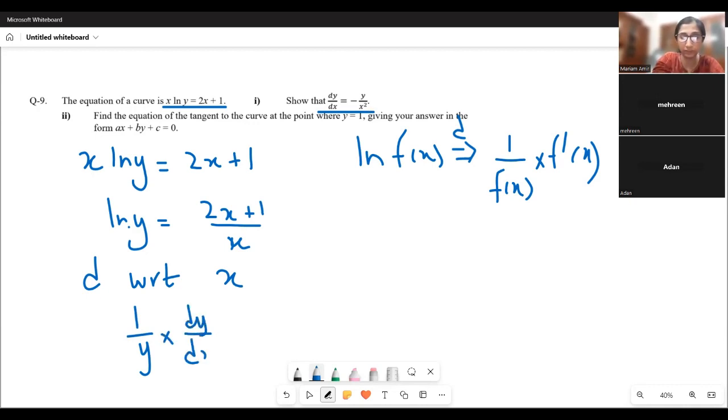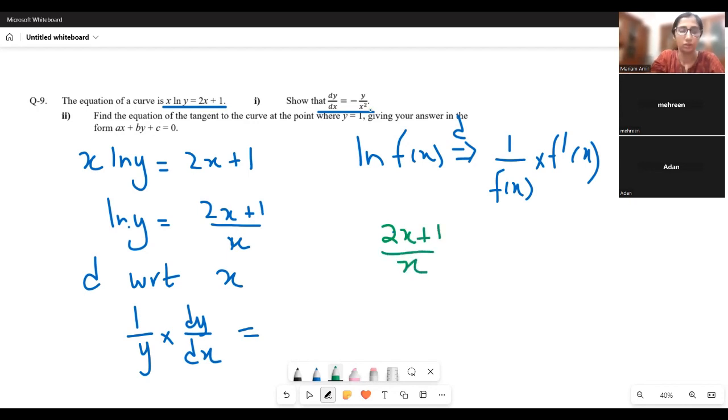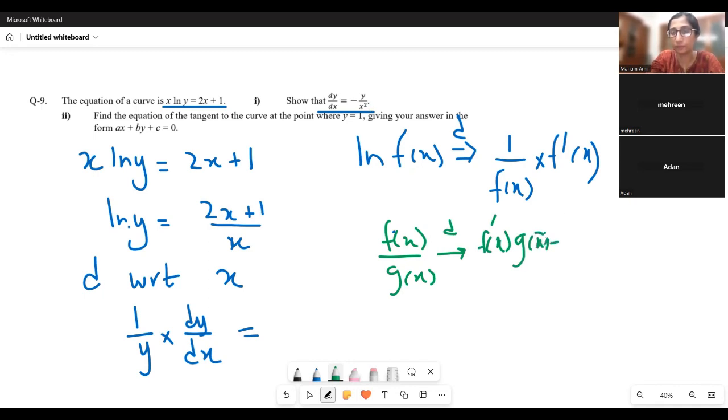It's going to be dy over dx equals, now we're differentiating 2x plus 1 upon x, which is a fraction. So we know how to differentiate a fraction: if it's f(x) in the numerator and g(x) in the denominator, then it's f prime x times g(x) minus f(x) times g prime x, upon g(x) whole square.